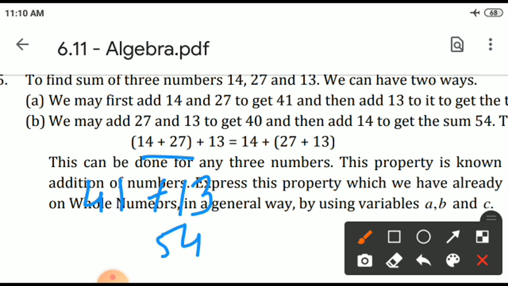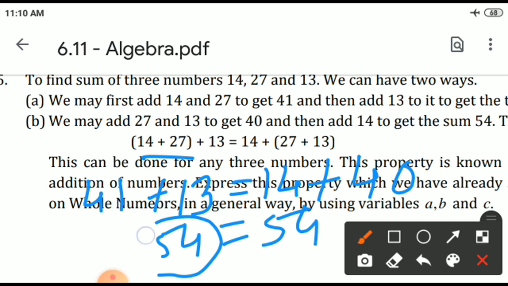Is it? In the same way, here we have 14 plus 13 plus 27, or you can say 27 plus 13. What will be the answer? My dear student, it is 40. As it is equal sign, 14 plus 40 will give us 54. So here 54 on the left side, 54 on the right side.